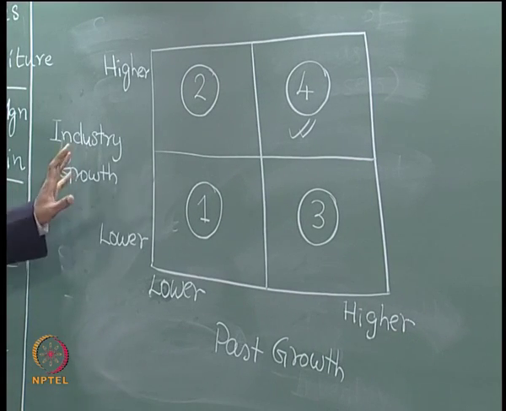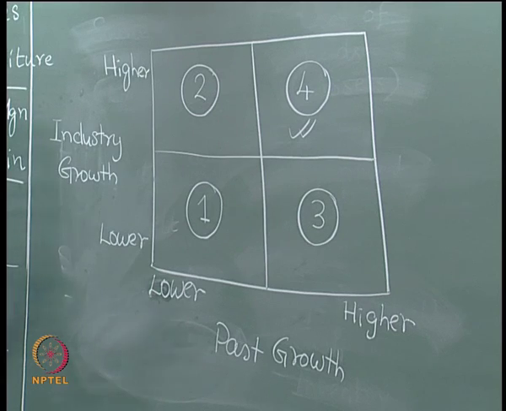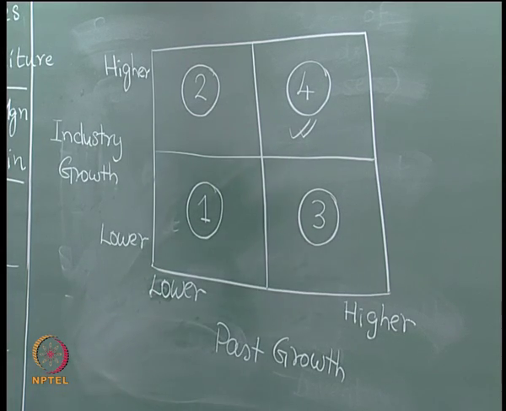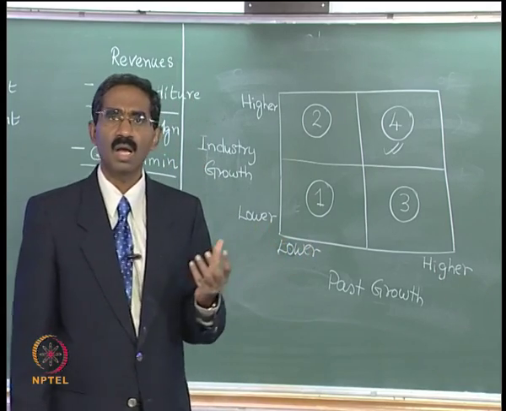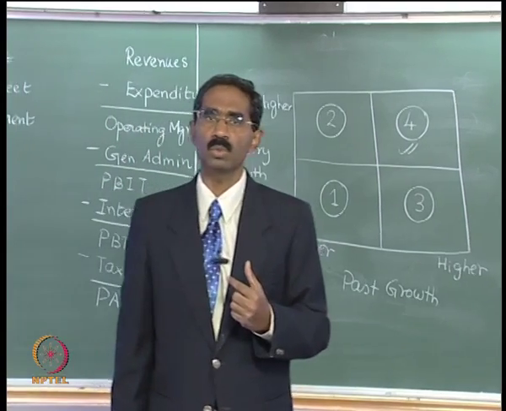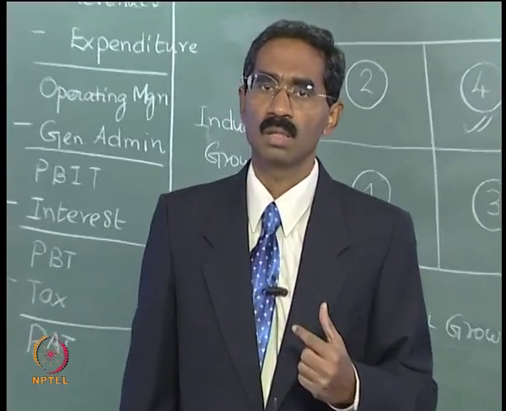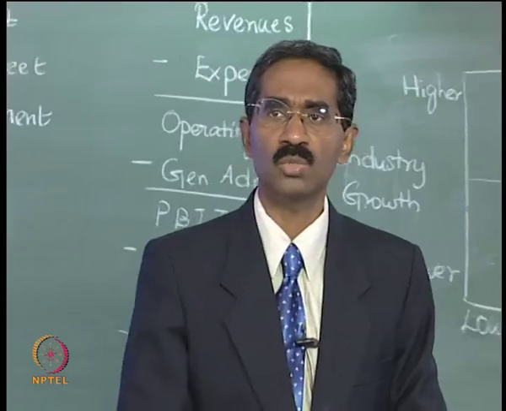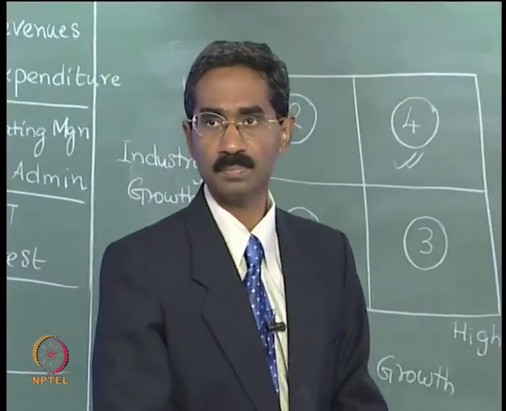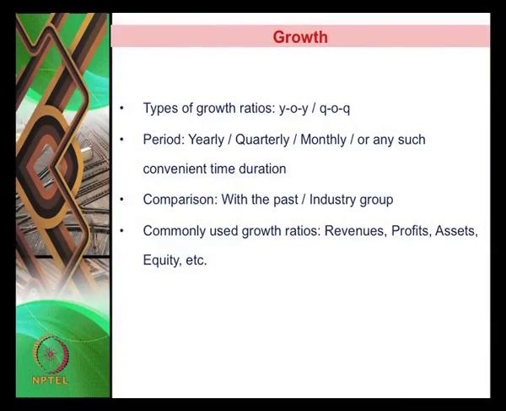So essentially when we are trying to do this analysis, an absolute number of 12.93% does not really make sense unless we are able to compare it with some industry, compare it with its own past track record. Okay. Now let us look at other growth ratios that we normally use.